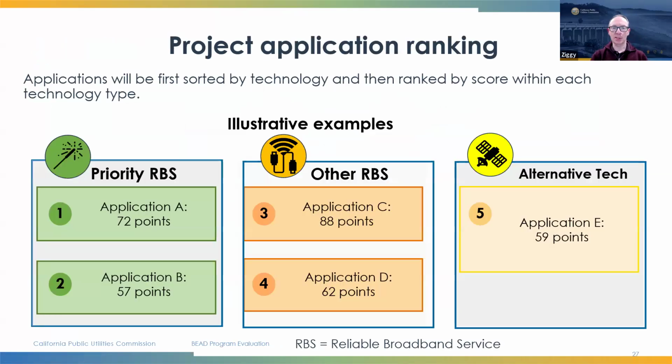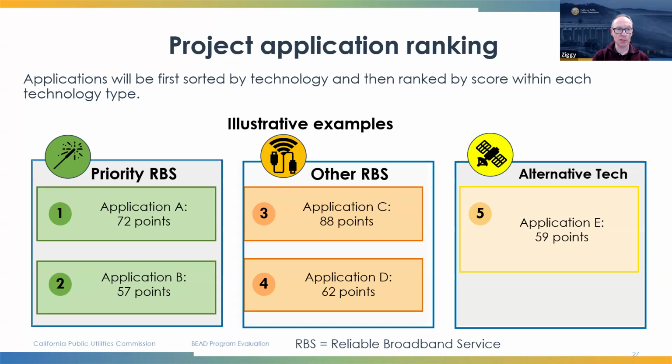Within those technology types, the application proposals are ranked by score, based on the scoring criteria that we just went over. As an example, within priority broadband, you have two applications.